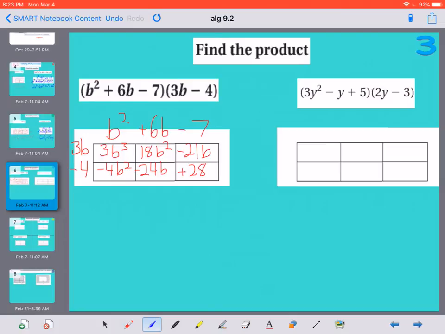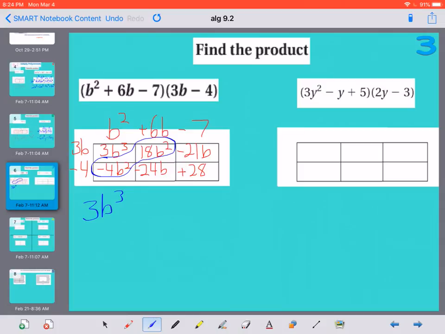Now, if I take a look at these, I'm looking for the same degree. So 3b cubed doesn't have any other cubes, so we can write 3b cubed. But what I do notice is this negative 4b squared and the 18b squared both have a squared sign on. So what I can do is combine those.